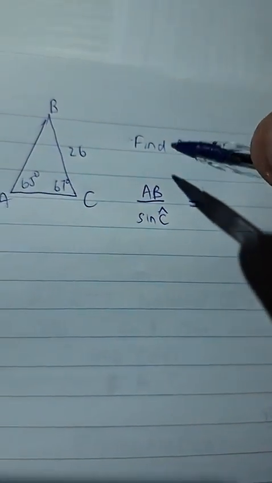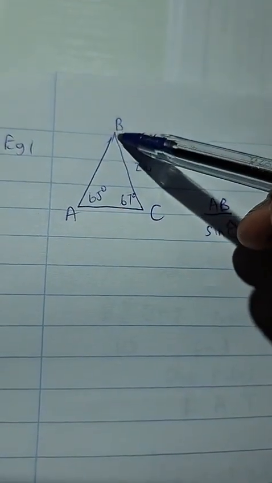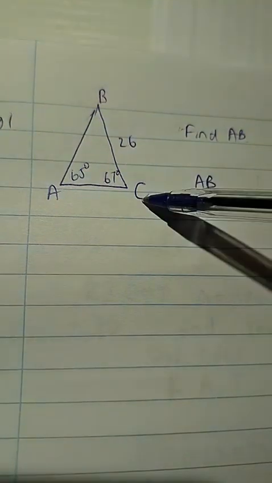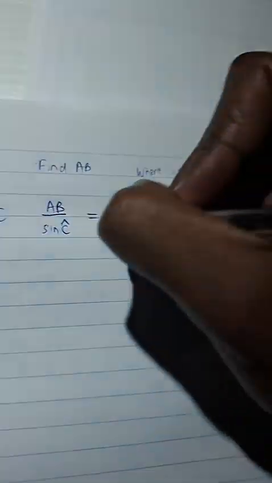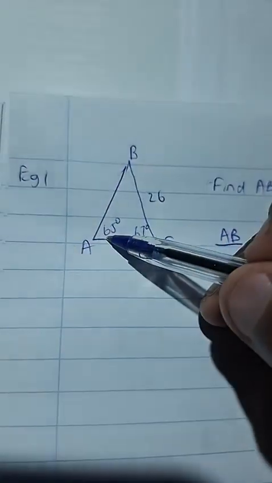So if we look at this triangle, we have BC, which is a side. We are writing the sides at the top, so we write BC over what? Over the angle that is given, which is sine of angle A.